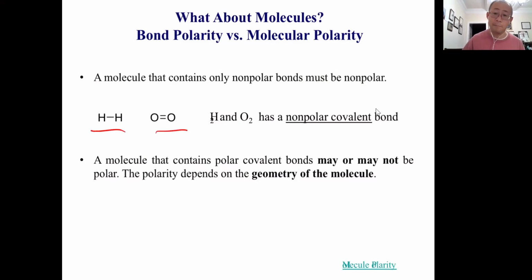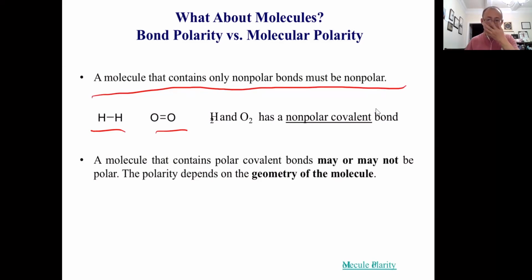If the bond is nonpolar, the molecule is nonpolar. Hydrogen and oxygen bonds are both nonpolar because they involve the same atom, so their electron activity is the same. Both bonds are nonpolar, so both molecules are also nonpolar. A molecule containing only nonpolar bonds must be nonpolar.